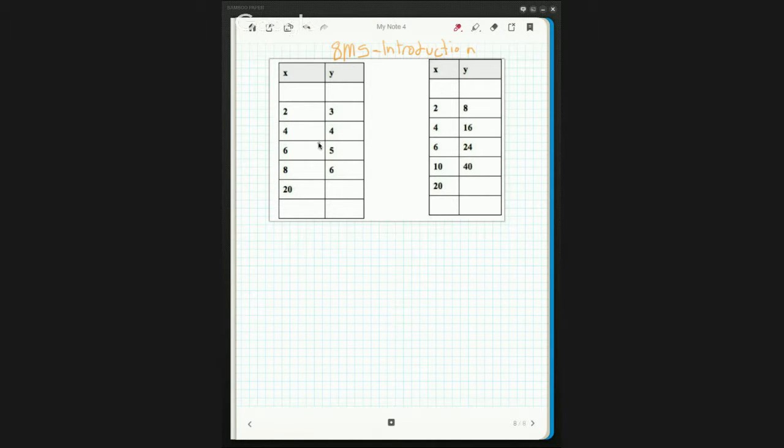So we're going to identify this chart here, and let's take a look at what makes this either a proportion or linear or neither. So the definition, if you recall, of proportionality says that whenever I have a change in x, I'm going to have an equal change in y.